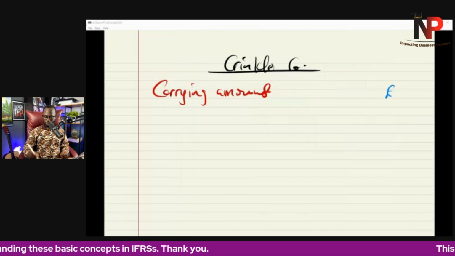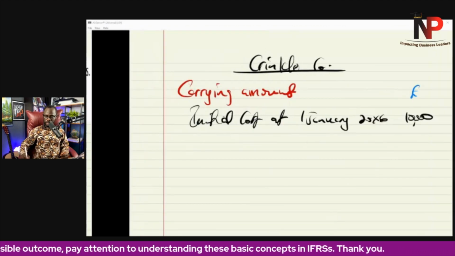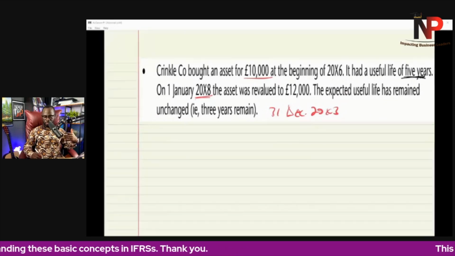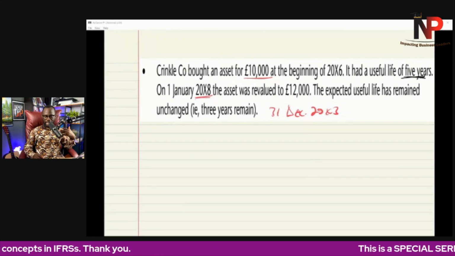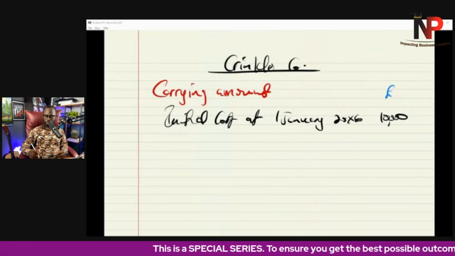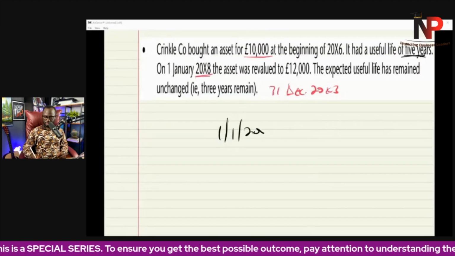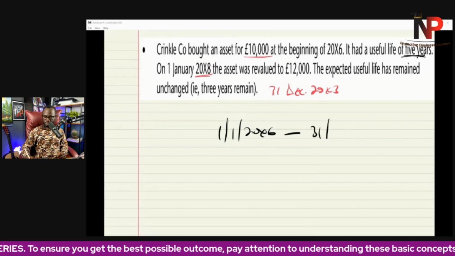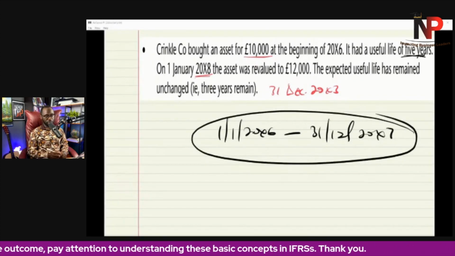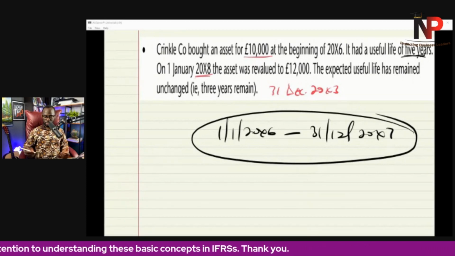So initial cost, £10,000. Now, they said that it had a useful life of 5 years, but then on 1st January 20X8, the asset was revalued. What does that mean? It means that from 1st January 20X6 to 31st December 20X7, we have to calculate the accumulated depreciation, and that is 2 years, right?